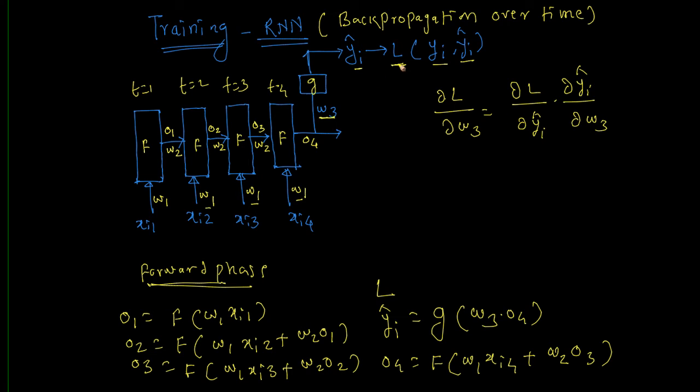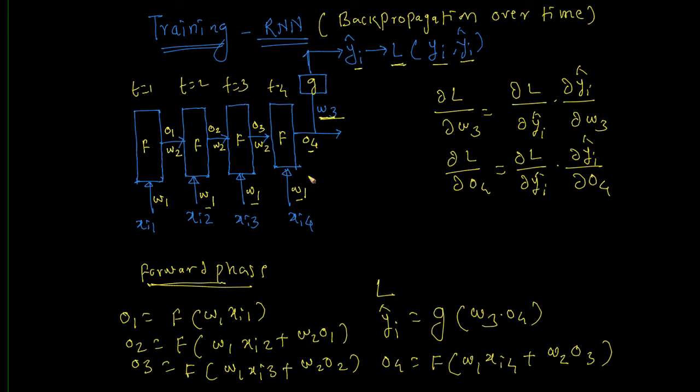By using the chain rule, I can compute this. I can also compute the derivative of loss with respect to O4, which is the derivative of loss with respect to yi hat times the derivative of yi hat with respect to O4.